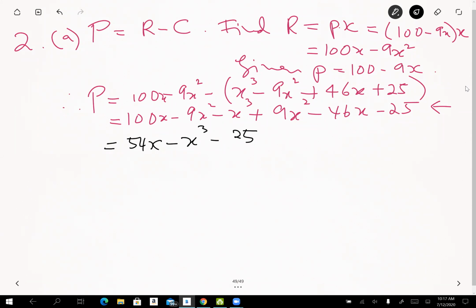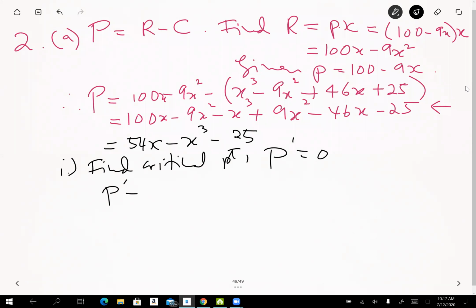Now, first, we need to find what? Critical point. Critical point, P prime equals 0. So P prime is equal to 54 minus 3x squared. All right, set that to 0.